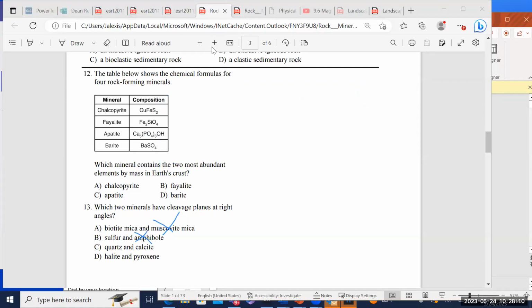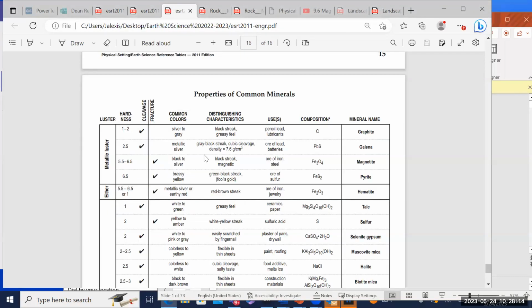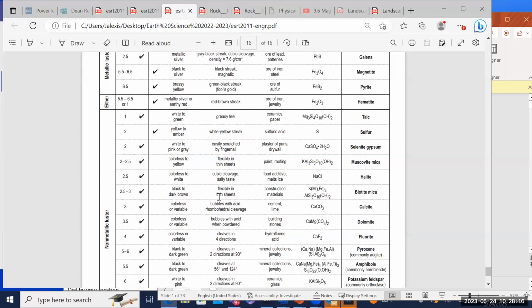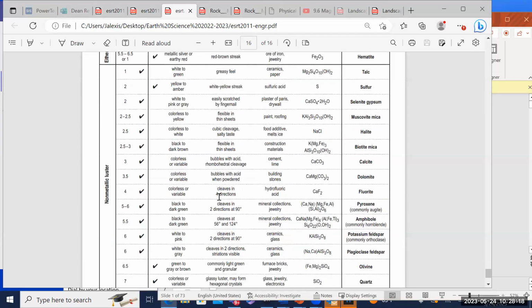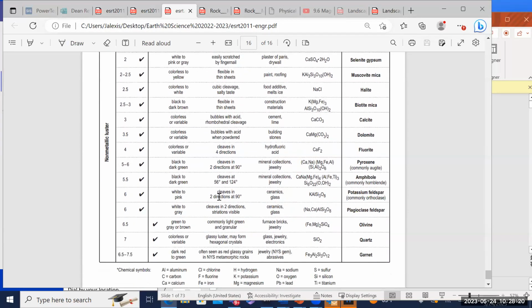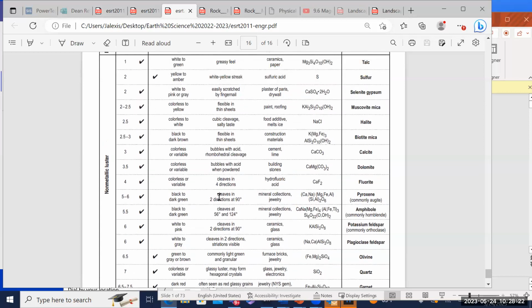We're going to look at quartz and calcite. Starting off with calcite, calcite has cleavage, so that's a possibility.